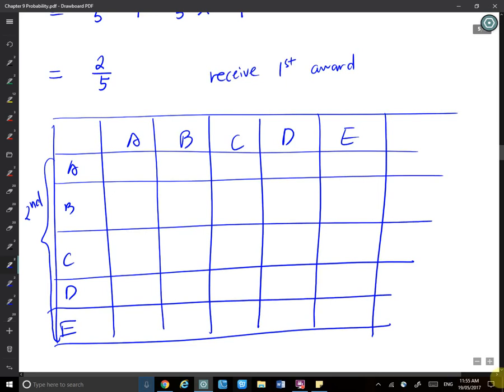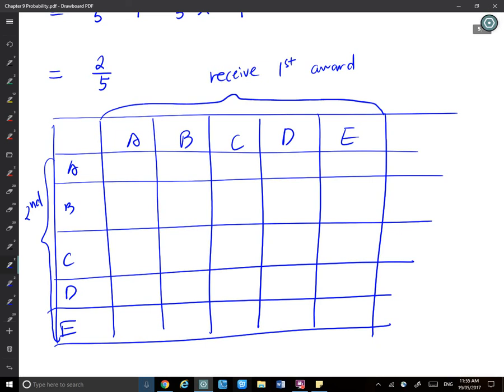It doesn't matter which one you have. Just the row represents who receives the first, column who receives the second.